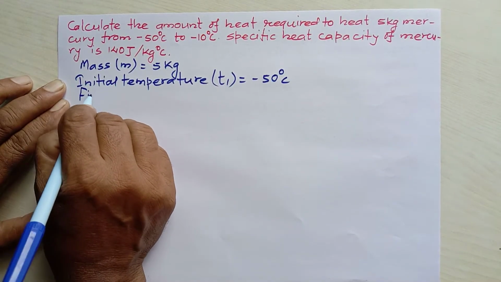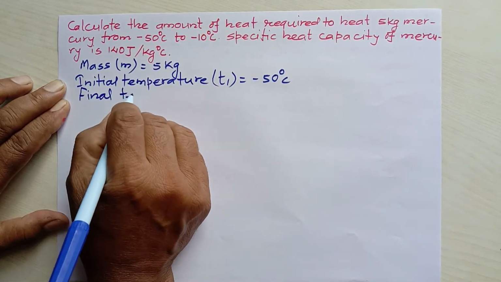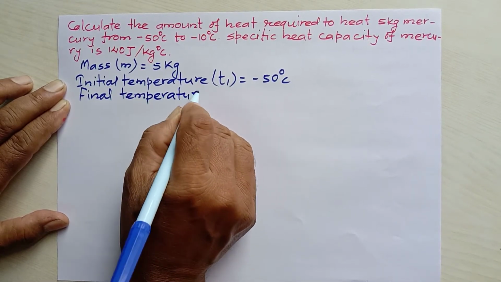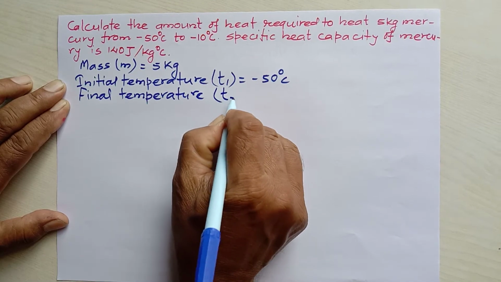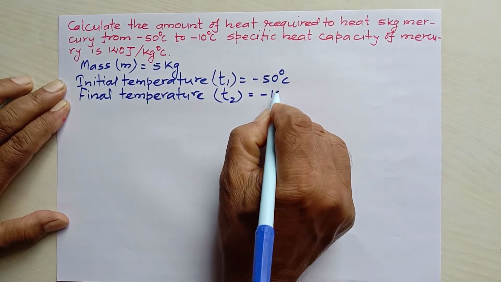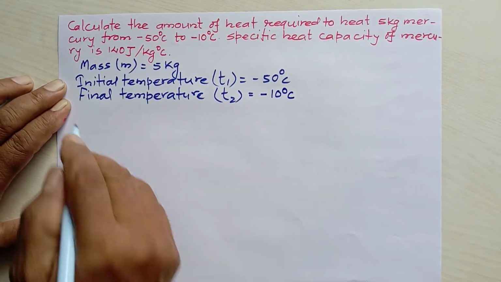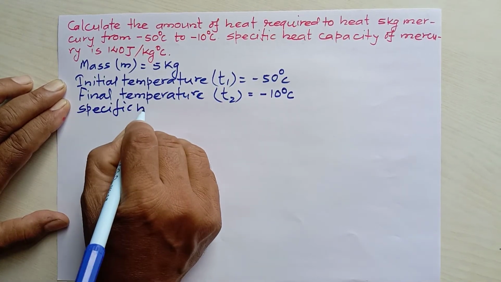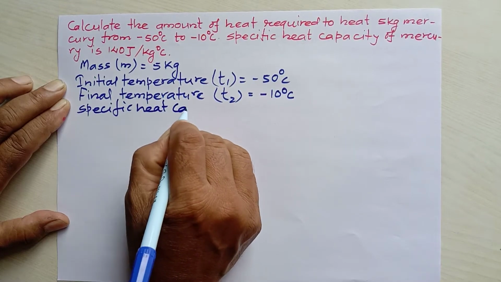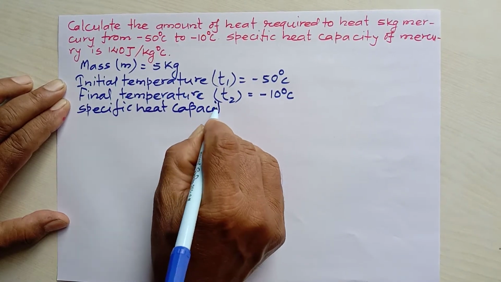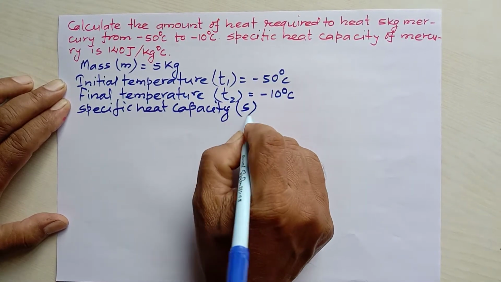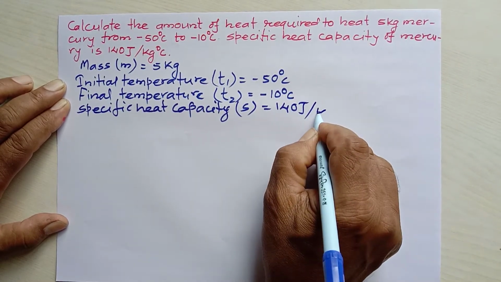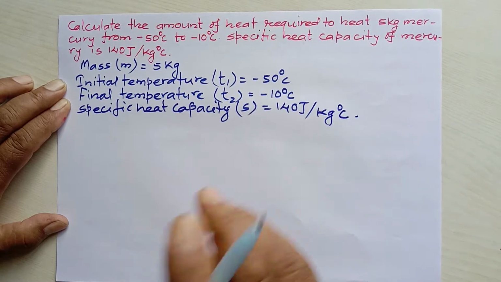Now the final temperature T2 is equal to minus 10 degrees Celsius. Now specific heat capacity denoted by S is equal to 140 joule per kg degree Celsius.